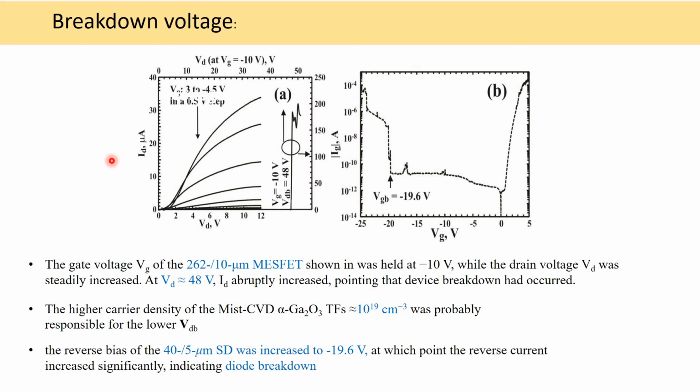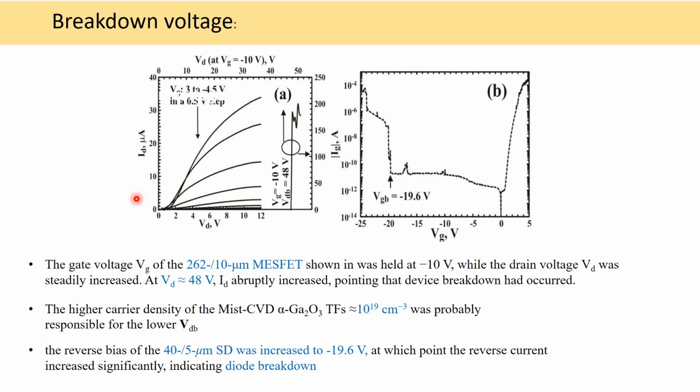We also saw that as the turn-on voltage reduces, the electron mobility also reduces, and the reason behind that is the interface quality of this alpha gallium oxide and the quality of this material, meaning the defect nature of this material.